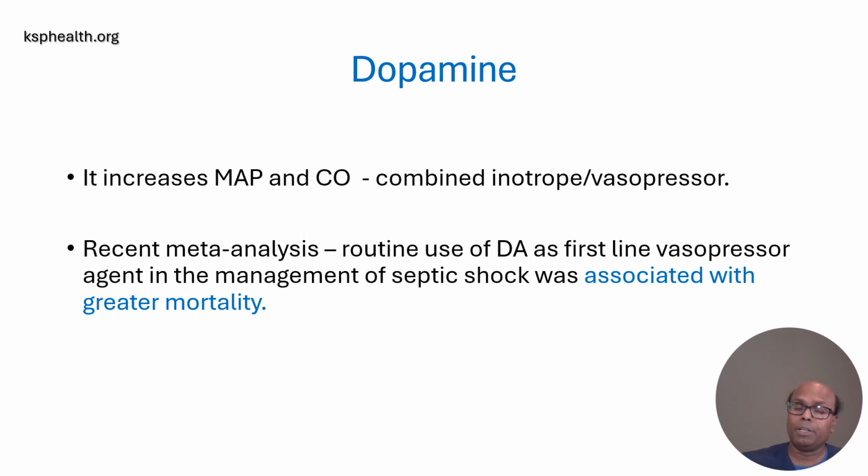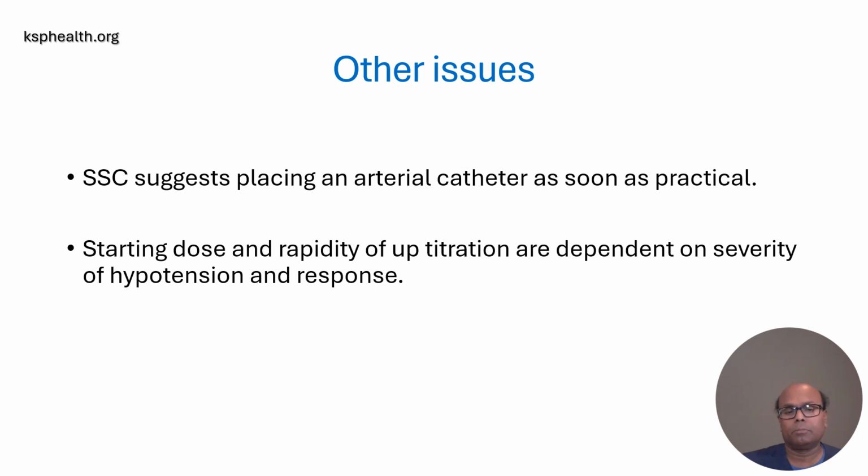Dopamine also can increase mean arterial pressure and cardiac output, but a recent meta-analysis says the routine use of dopamine as first-line vasopressor agent in the management of septic shock was associated with greater mortality. Other issues: the Surviving Sepsis Campaign suggests placing an arterial catheter as soon as practical.